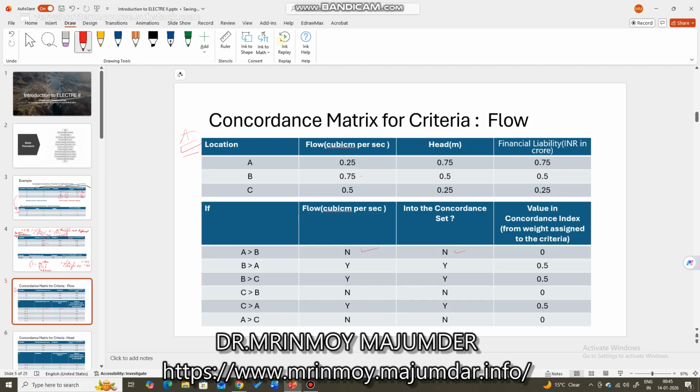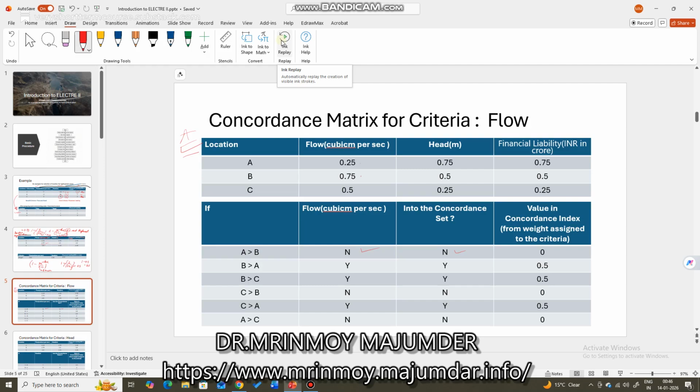The value in the concordance index, I will explain. If any variable outranks another variable with respect to a criterion, then the criterion weight gets the membership, or is included in the concordance index.